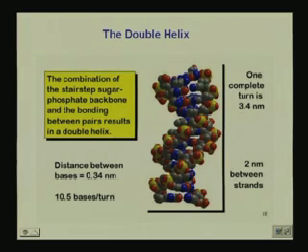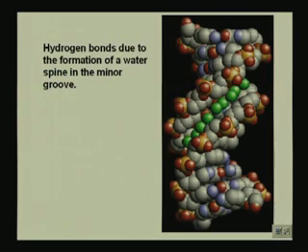Okay, so, these are the essential features of the double helix. Apart from the Watson-Crick base pairing, which is obviously extremely important in its structural aspects, we also have considerations of the major groove and the minor groove, what is called the pitch and what is called the distance between the 2 strands, which is constant because the complementary base pairings are constant. Okay? So, these are the features that we have to consider.